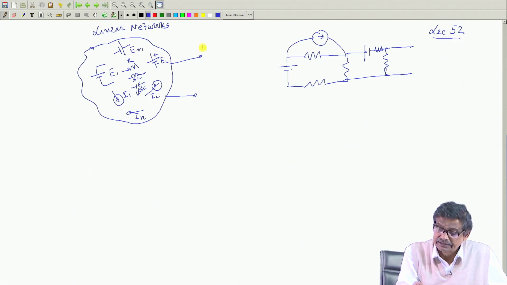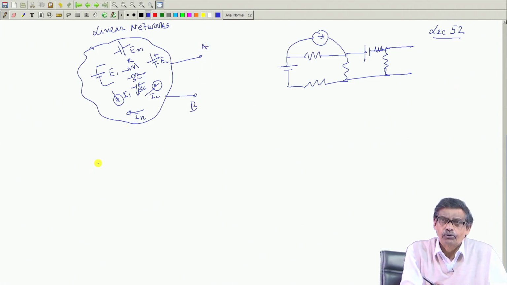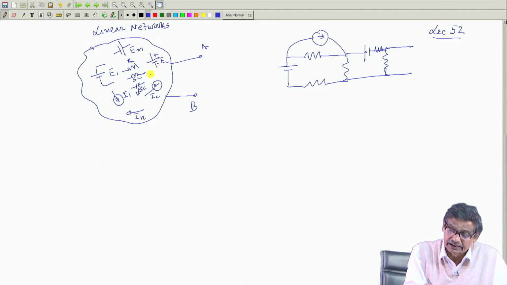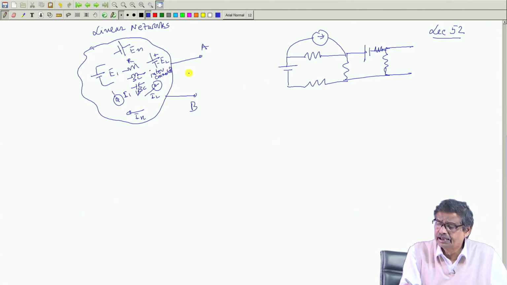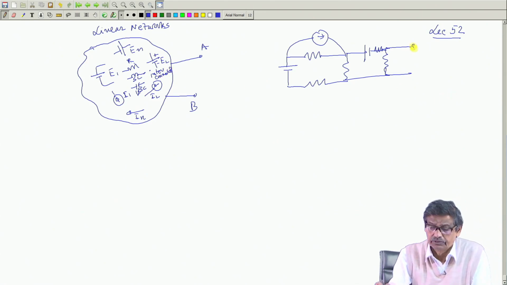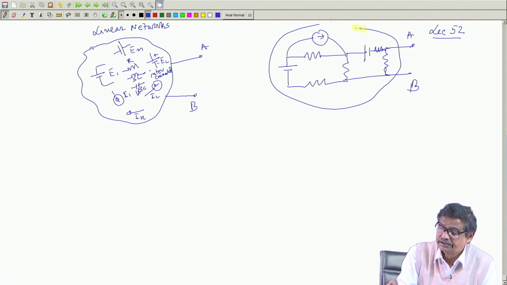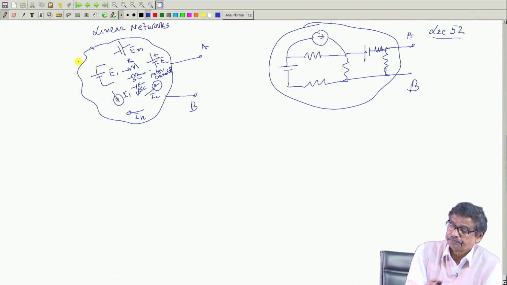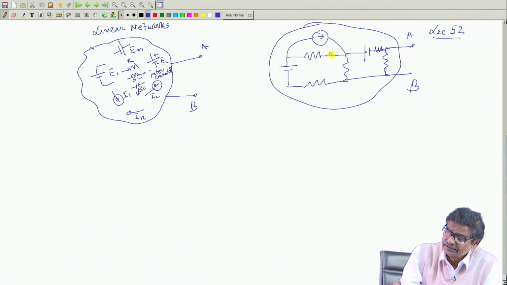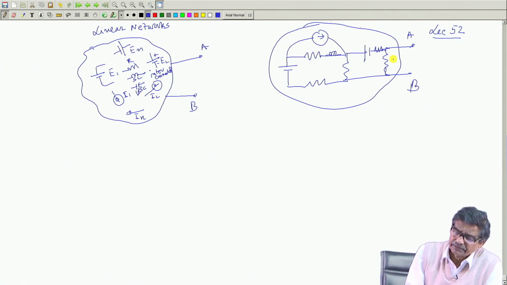And two terminals, these two are also connected at some two suitable nodes of this whole network, in which all these elements are interconnected in a particular fashion. For a given network, it may look like this. These are the 2 points I am calling A B, and this is the big thing which I have circled here. There may be inductances, S L in the S domain, you think like that.